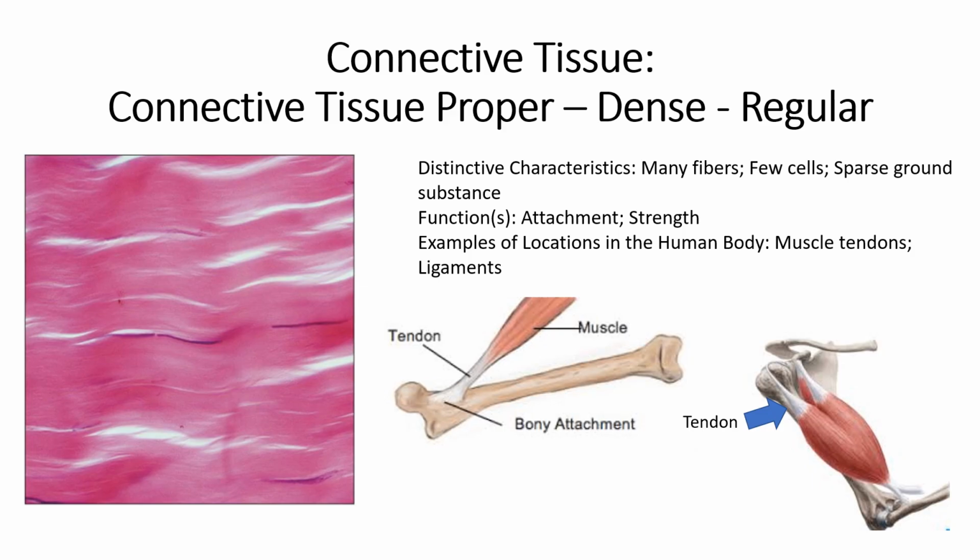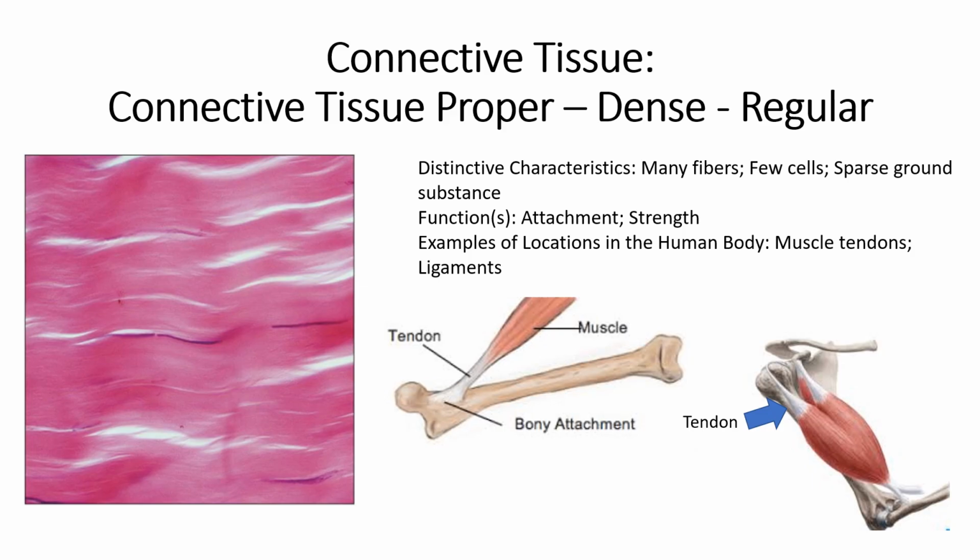As far as cells go, where you have these dark purple stained areas, those are nuclei of cells, where the cells are being squished by all of those dense fibers that you see. So you see some cells, but not a lot. So with dense connective tissue proper, particularly the regular, you see a lot of fibers, you see a little bit of ground substance and a few cells, but not a lot.